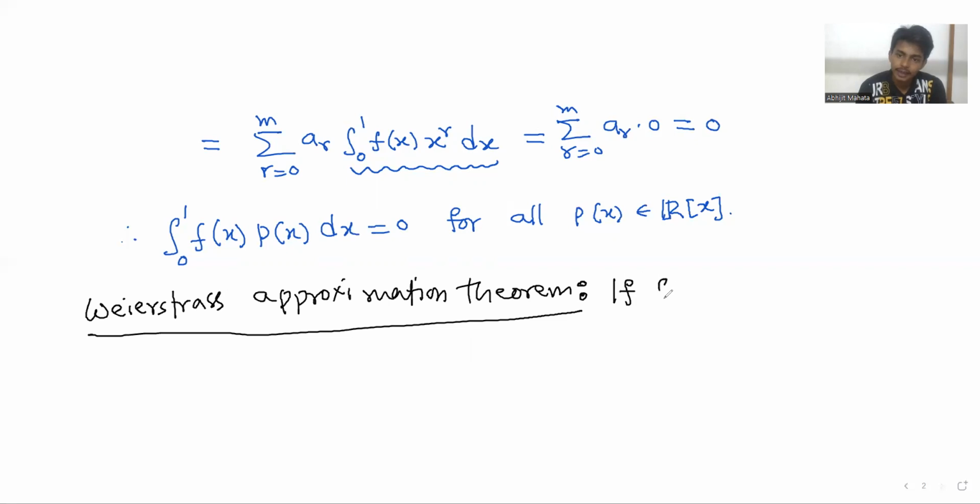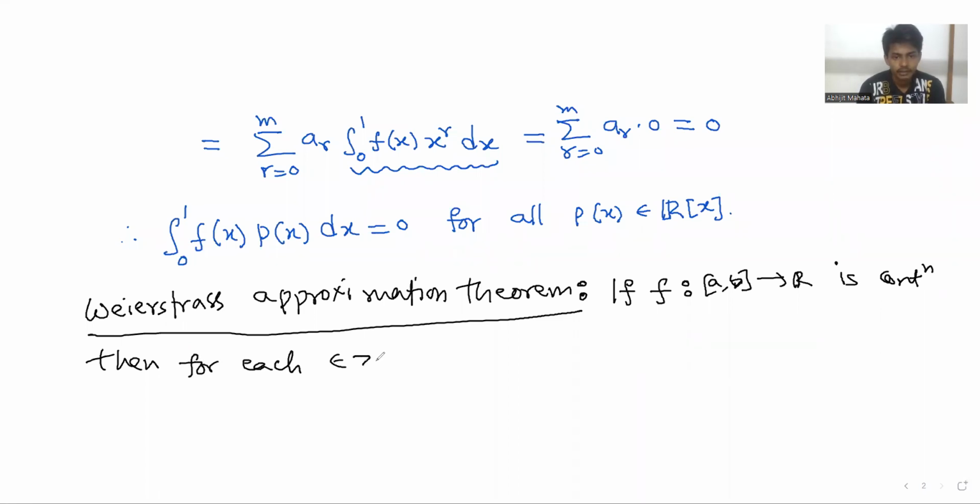If f is a continuous function from the closed interval [a, b] to R, then for each epsilon greater than 0, there exists a polynomial, called p_epsilon(x) over R[x].